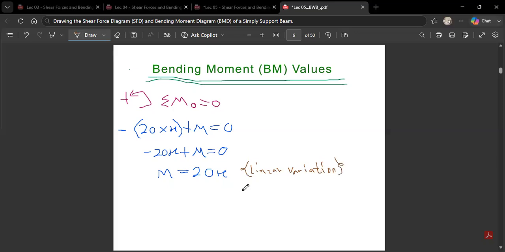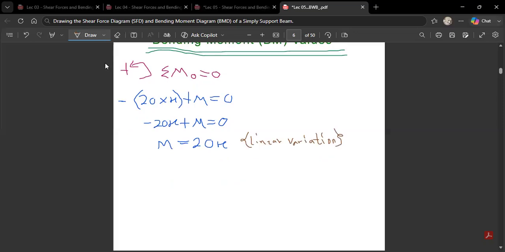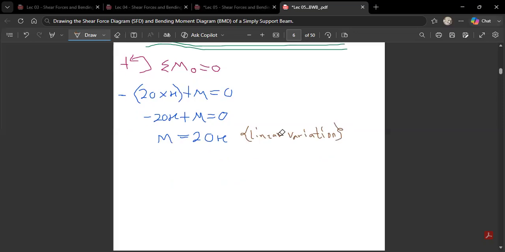Okay, so this is linear variation. Then from here, what are we going to do next? We just consider it as x. We consider it in terms of portion AB also. So the first one is going to be what?